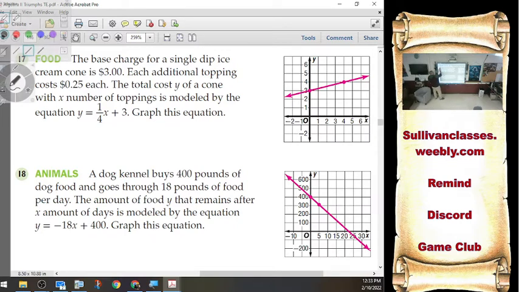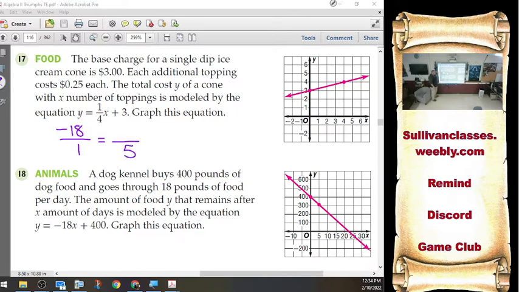If I currently have a slope of negative 18 over 1, this is the y, this is the x. Neither of those lines up with what I got over here. But what if I instead said, what if I'm not going over 1? What if I'm going over 5? How much would my y's change? Multiply the two that line up, divide by the one that doesn't.